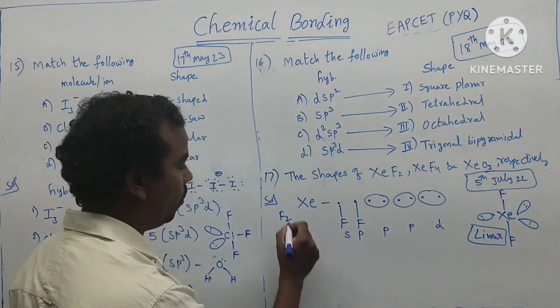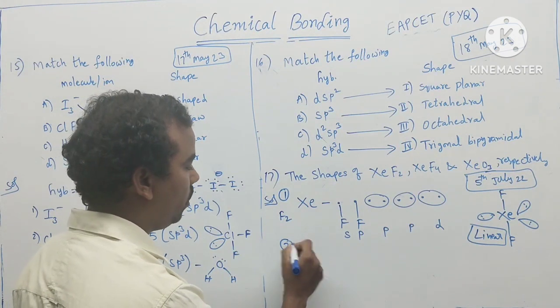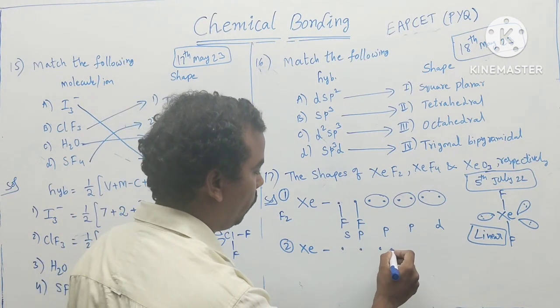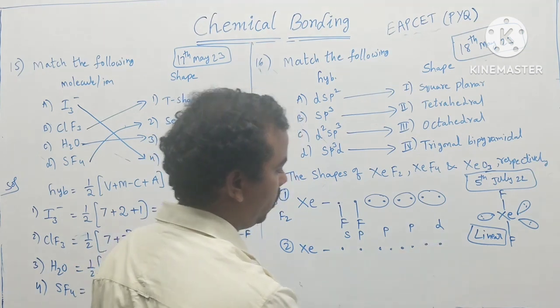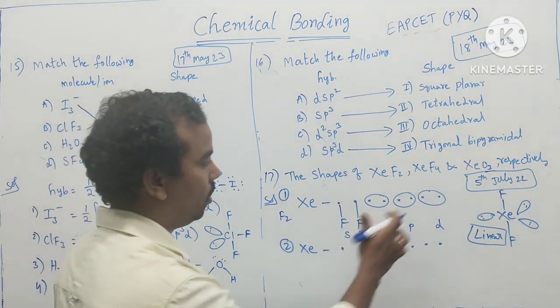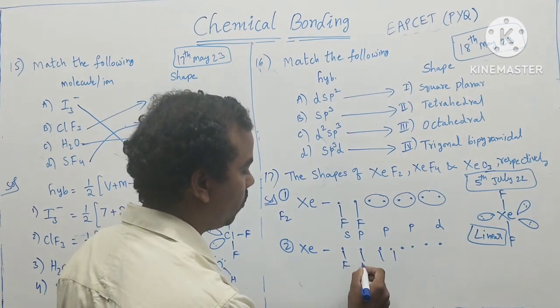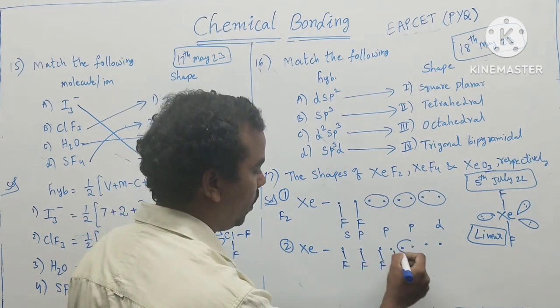Second one, XeF4. So again 1, 2, 3, 4, 5, 6, 7, 8. 8 valence electrons at xenon. So 4 fluorines form 4 bonds. So remaining 2 lone pairs.